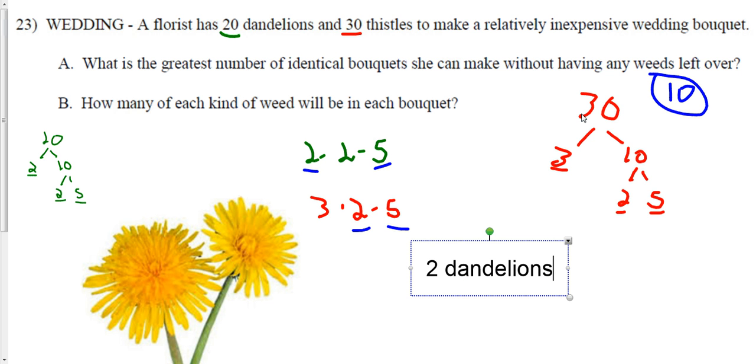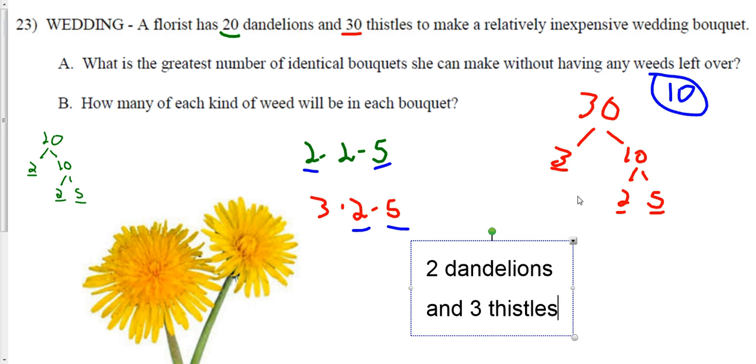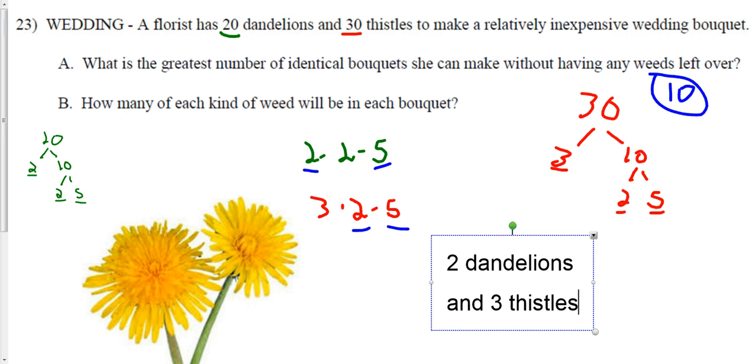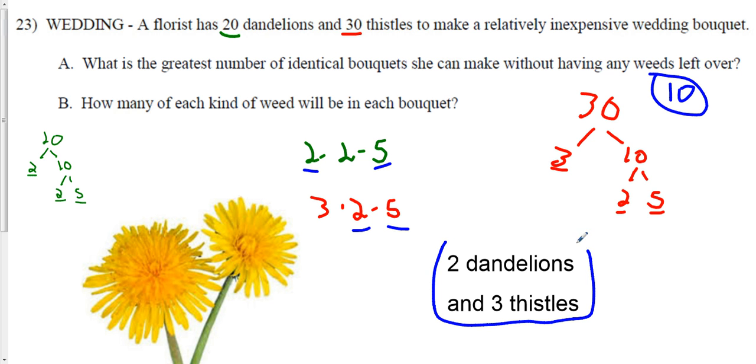And 3. If we took 10 bouquets with 30 thistles, it'd be 3 thistles in each. So that would be our answer then. 10 bouquets. Each bouquet has 2 dandelions and 3 thistles.